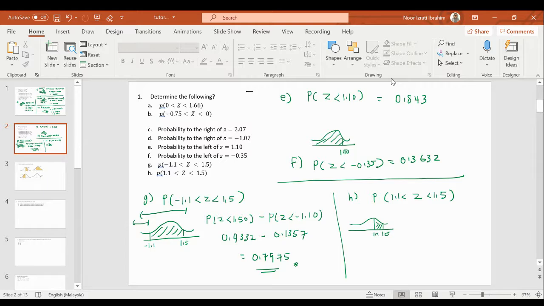So this will be equivalent to probability when Z less than 1.50 minus probability when Z less than 1.10. So less than 1.50 from the table is 0.9332 and less than 1.10 from the table is 0.8643. And the final answer is 0.0689.